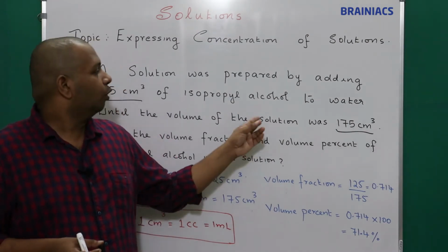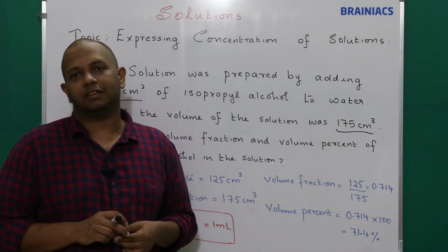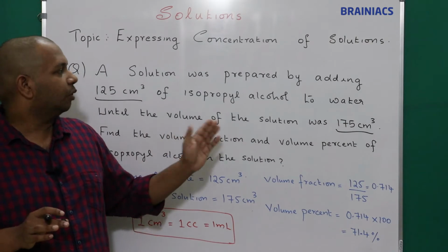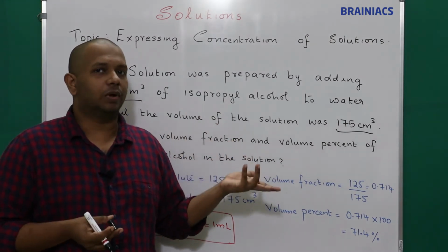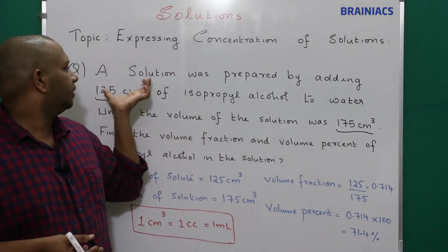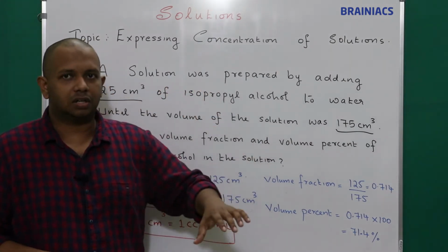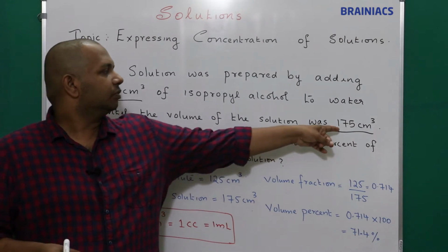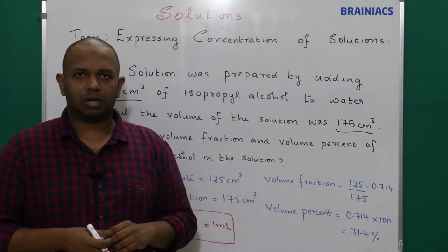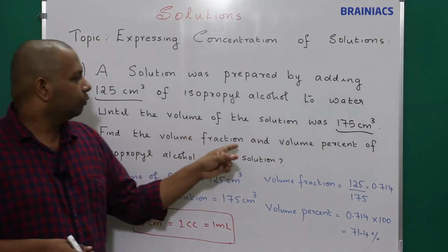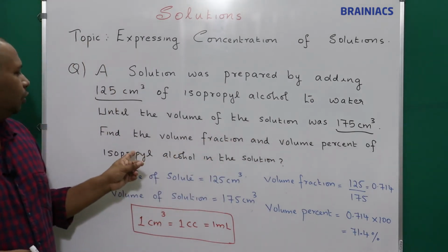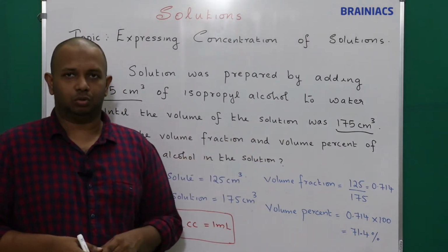That means the volume of the solution is 175 centimeter cubed. In this question they have not given the volume of the solvent separately. You have added 125 centimeter cubed of isopropyl alcohol to water so that it becomes 175 centimeter cubed. Now find the volume fraction and volume percentage of isopropyl alcohol in the solution.